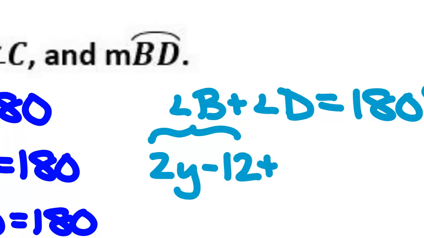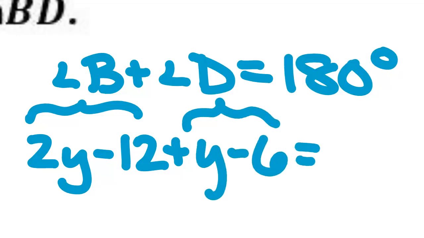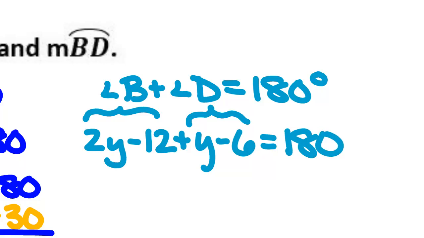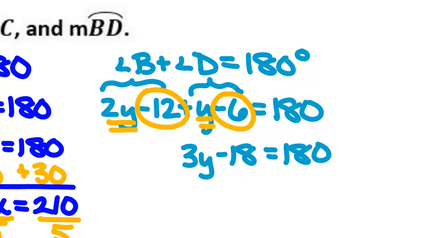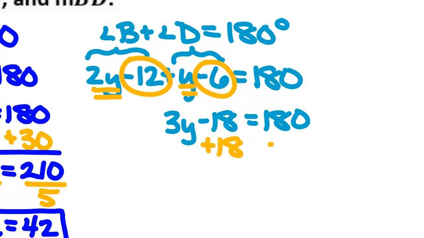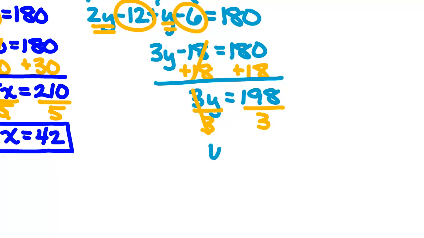Angle D is y minus 6. And that's equal to 180. Combine my like terms, 2y and y, negative 12 and negative 6. I get 3y minus 18 equals 180. I add 18 to both sides. That gives me 3y equals 198. And then we divide both sides by 3. We get that y is 66.